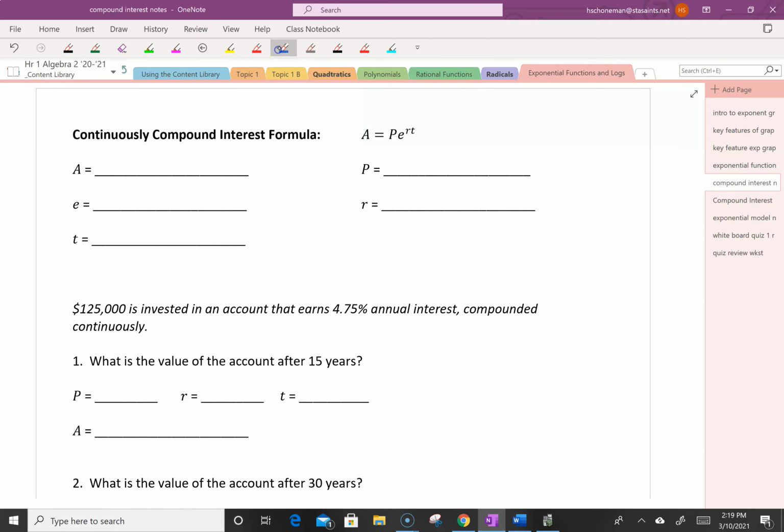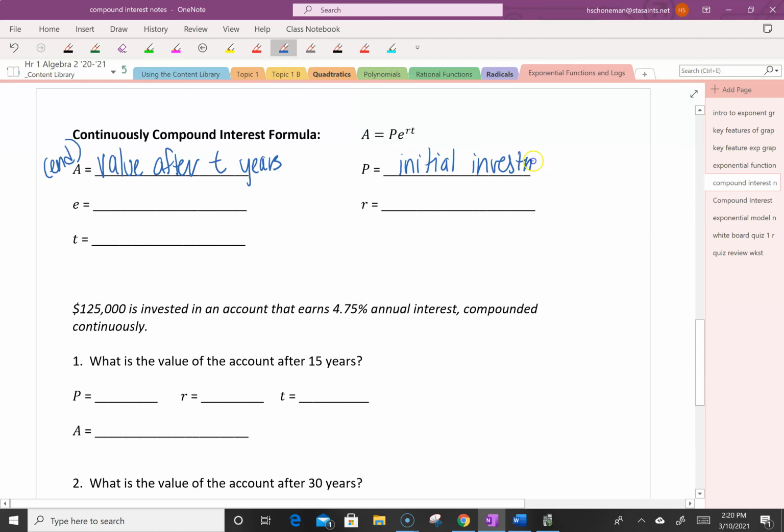Okay? A is going to represent the value after t years, just like it did before. This is going to be your ending value. P is going to be your initial investment. This is your starting value.